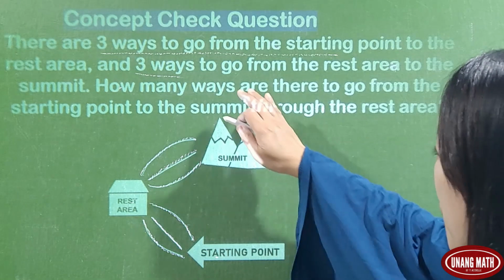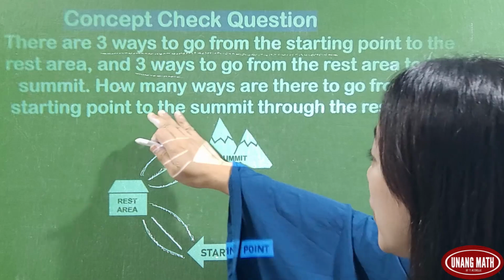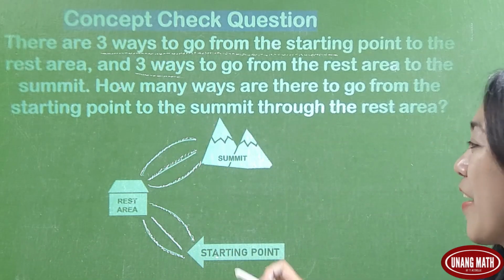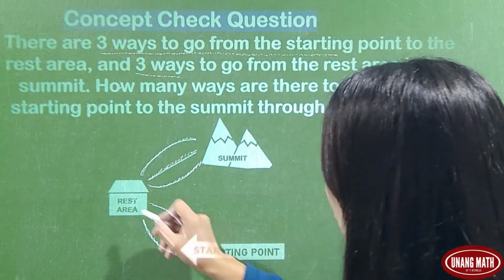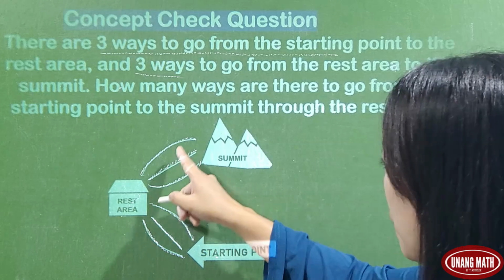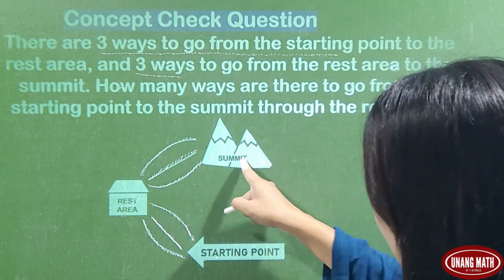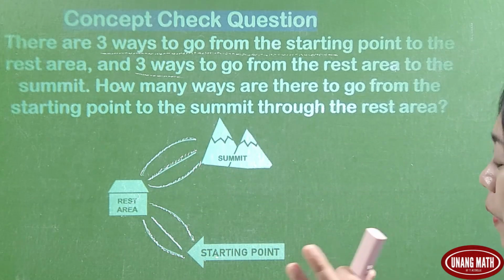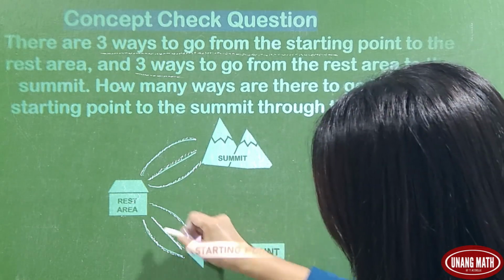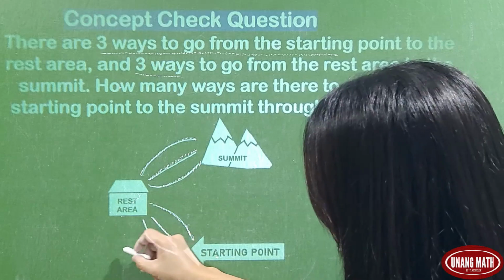Now, how many ways are there to go from the starting point to the summit through the rest area? So from the starting point through the rest area, how many possible ways can we go to this summit? As you can see here, 3 ways from starting point to rest area.